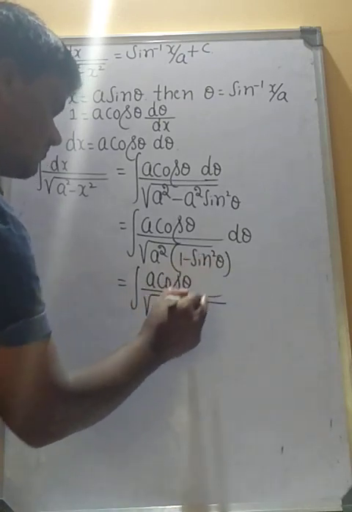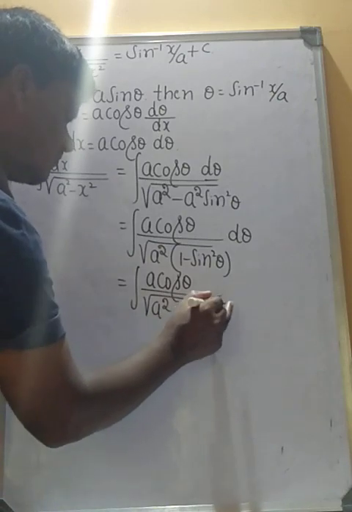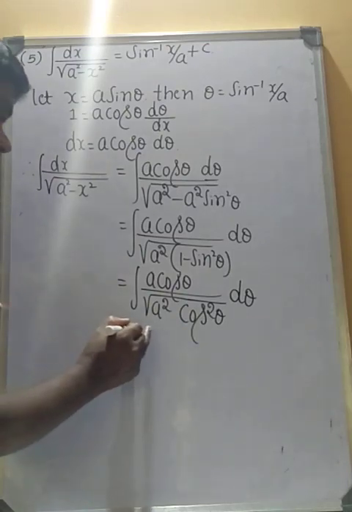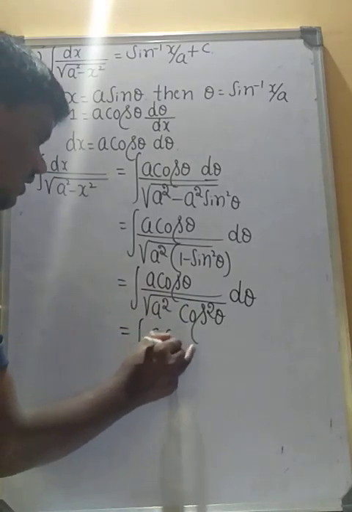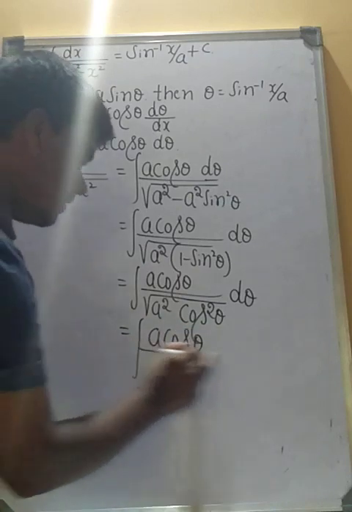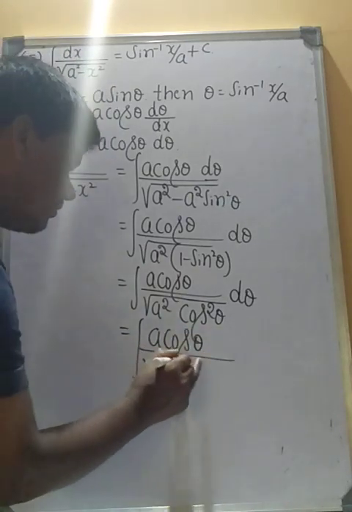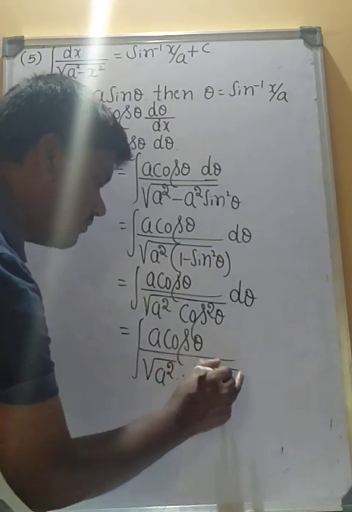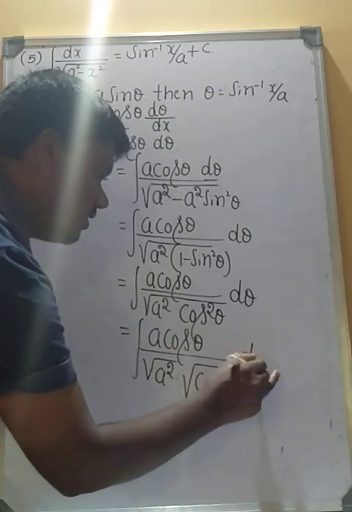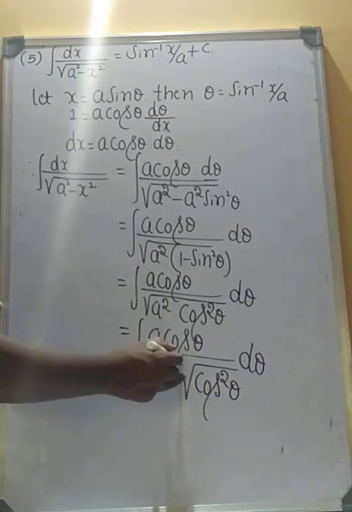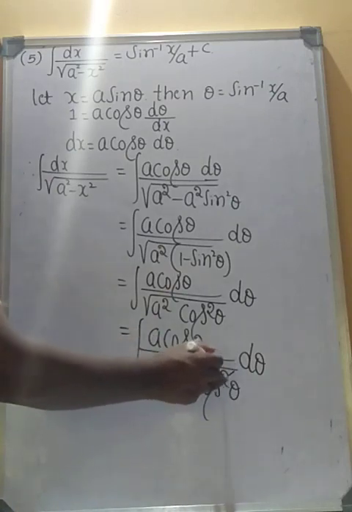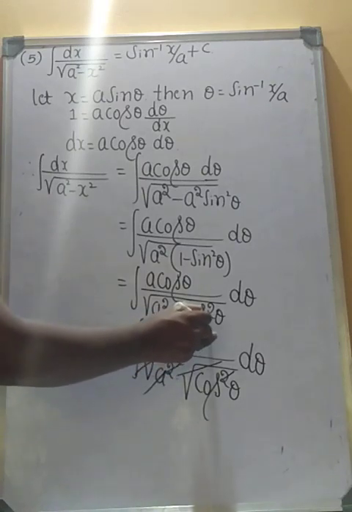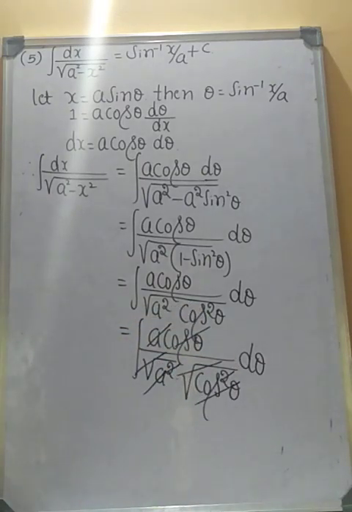You know 1 minus sine square theta is cos square theta, into d theta, equals integral of a cos theta divided by root of a square into root of cos square theta into d theta. Here root and square cancel, here also root and square cancel, and numerator and denominator cos theta also cancel.